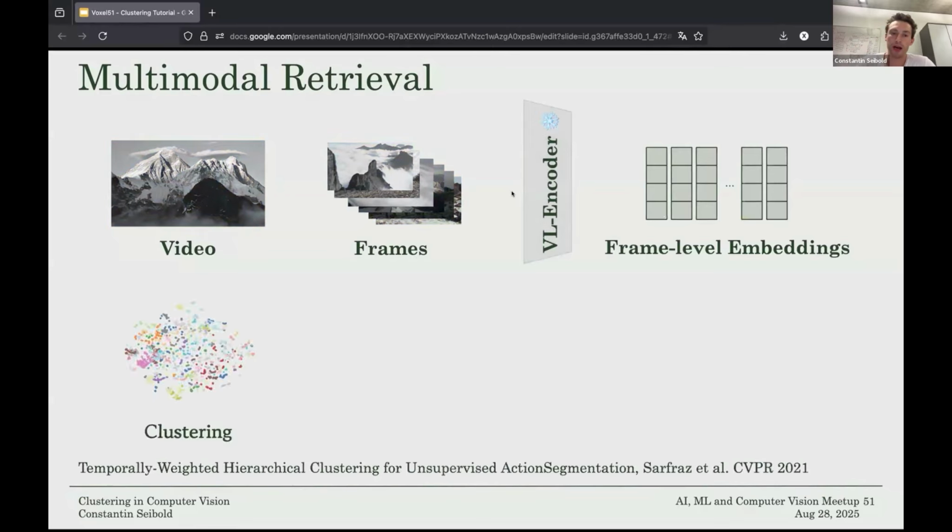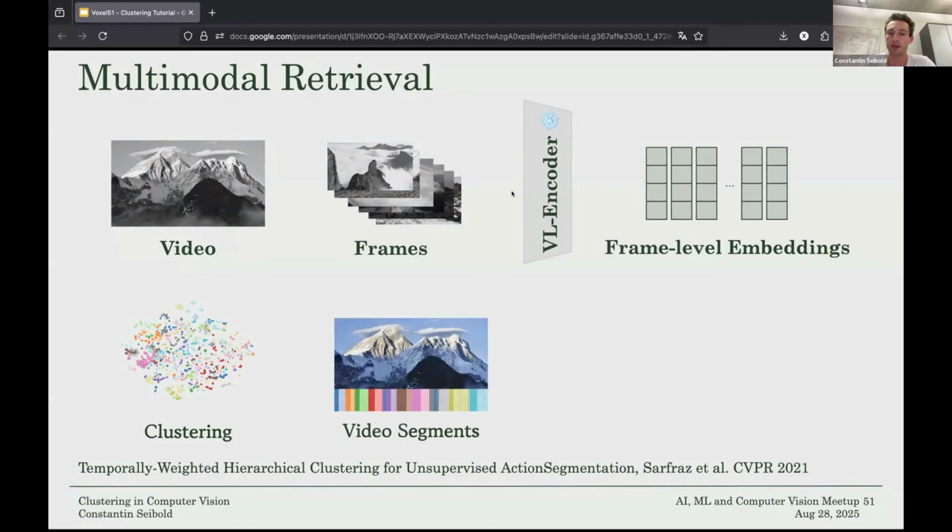Then you can apply a simple clustering algorithm like FINCH, where, in addition to the standard clustering target of similarity, you also take into account the frame-wise distances, like how far they are apart. From this, you can extract different video segments which are connected to each other and have similar semantics.